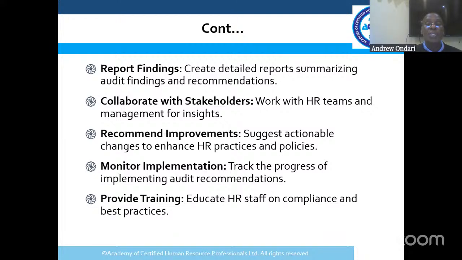These stakeholders, as I've mentioned, could be employees, departmental heads, and even senior managers. And I would always recommend that you bring senior managers on board as soon as you contemplate conducting a HR audit.